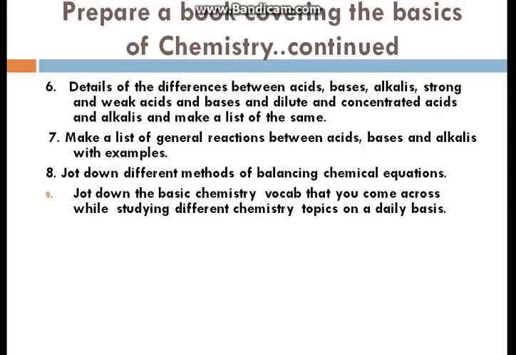Jot down the basic chemistry vocab that you come across while studying different chemistry topics on a daily basis. Just as you have a dictionary where different words are mentioned along with their meanings, it's always better that you make a small section in the book that you're preparing as your Chem Basics book, and in that make an alphabetical list of the words, or rather leave pages for alphabets.